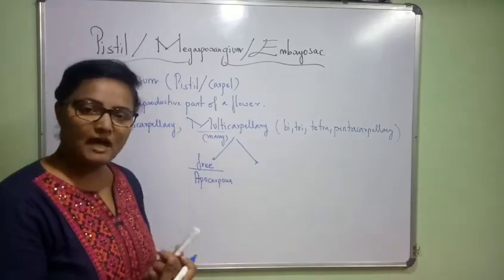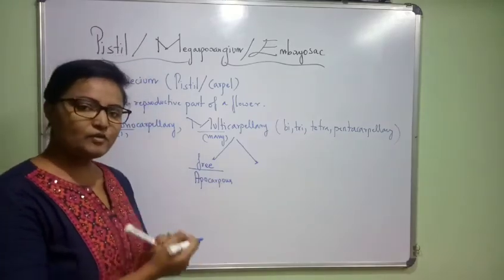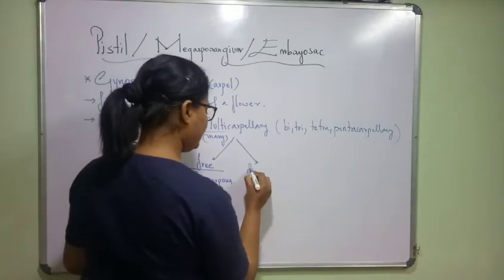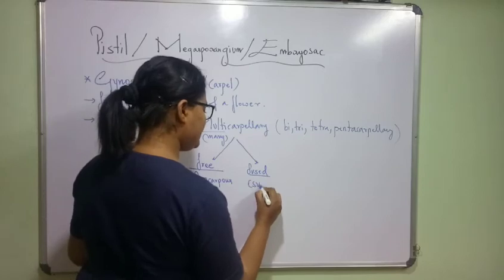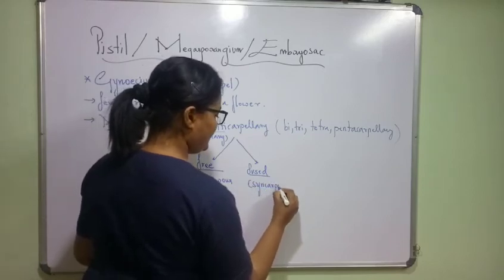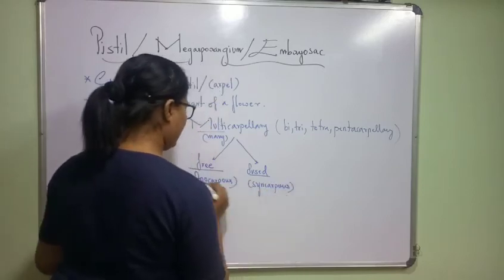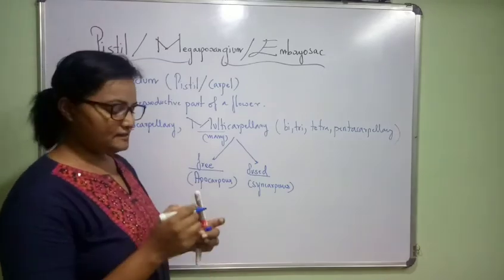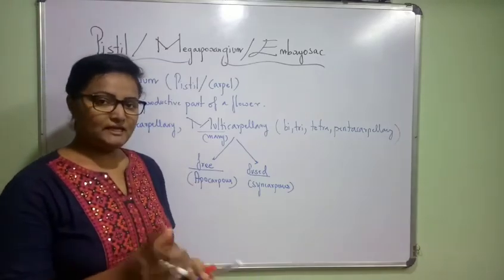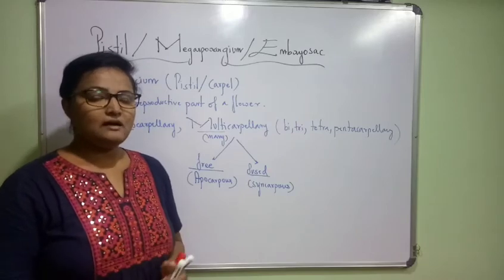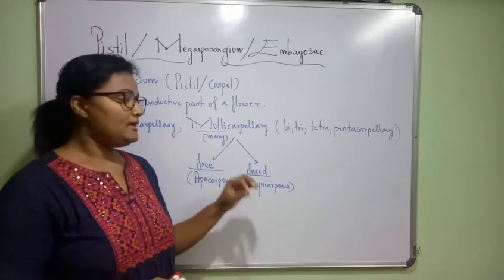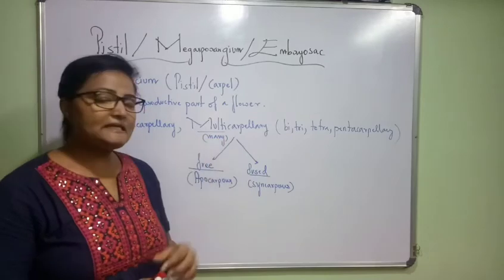If all those carpels are fused together, the condition is called syncarpous. This we can see only when the flower bears multiple carpels, or the gynoecium condition in such flowers is multicarpellary.